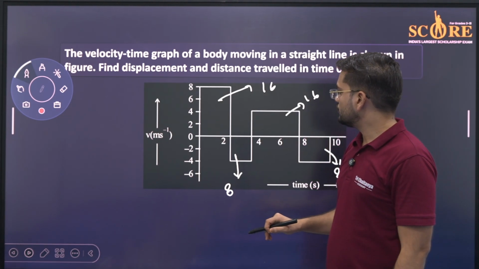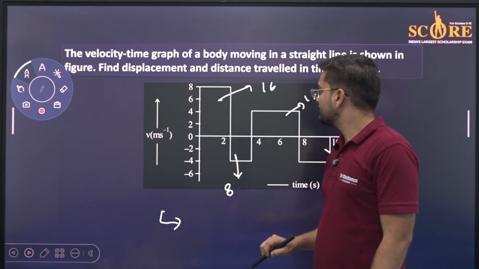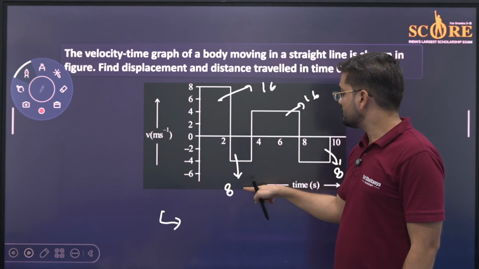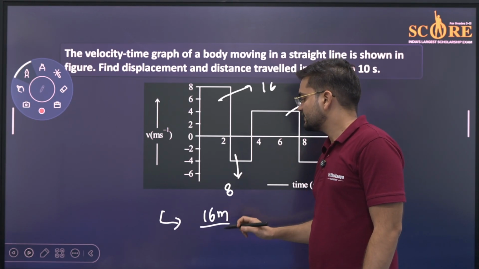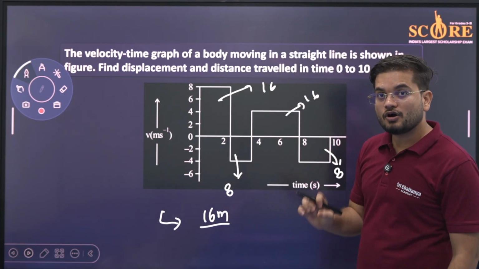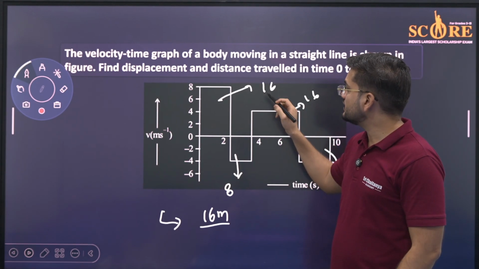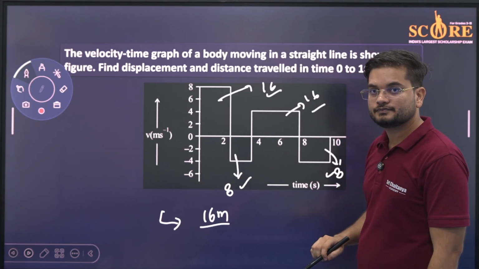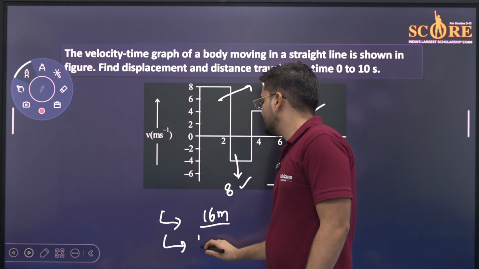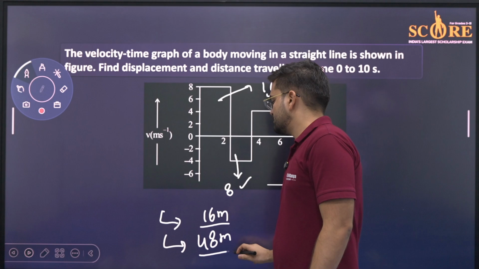So the total displacement will be 16 plus 16 minus 8 minus 8. So it will be 16 meter, and distance traveled is not negative. So the distance traveled will be 16 plus 8 plus 16 plus 8, which is 48 meter.